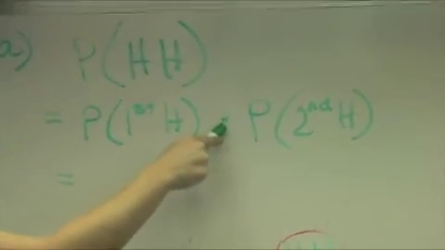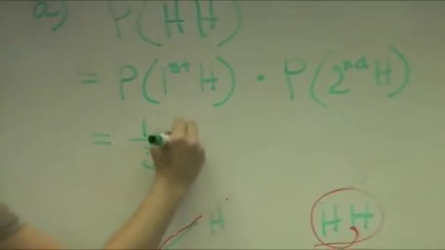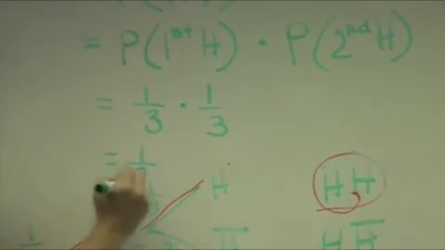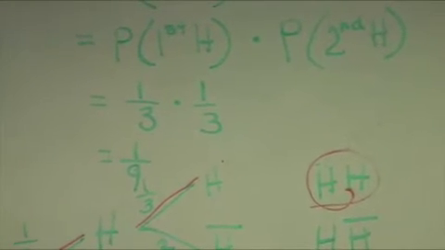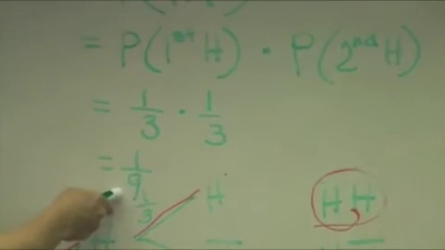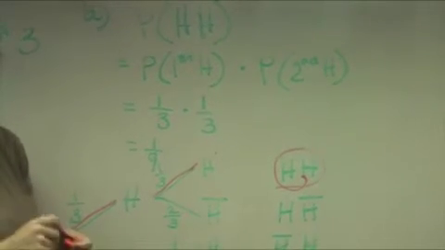Because again, the and in probability denotes multiplication, the multiplication rule, and this would be 1/3 times 1/3, which is 1/9. You can feel free to either write the answer exactly as 1/9, or if you use a decimal, you must make sure you round to at least 3 decimal places.